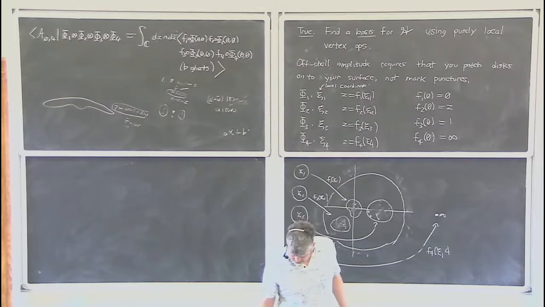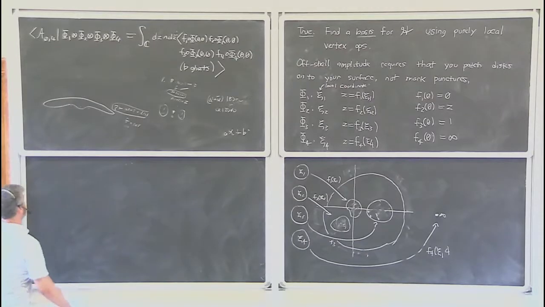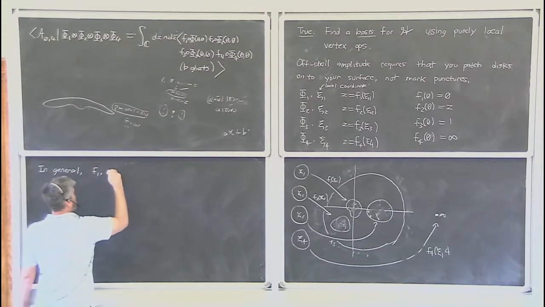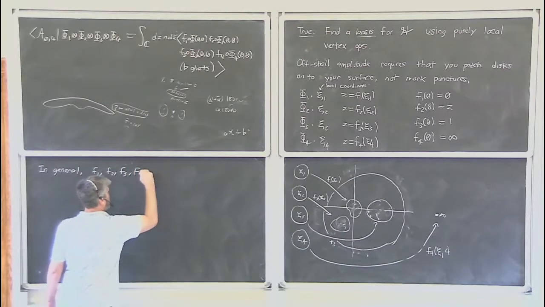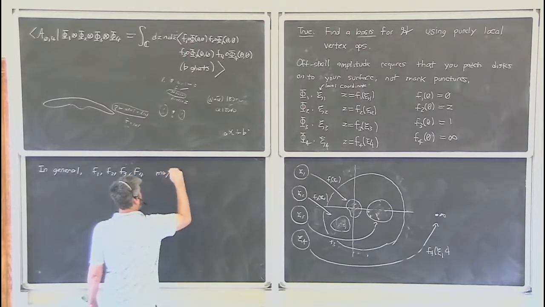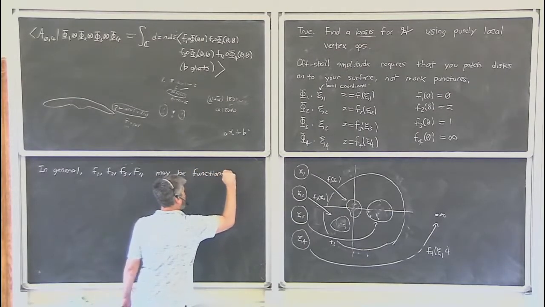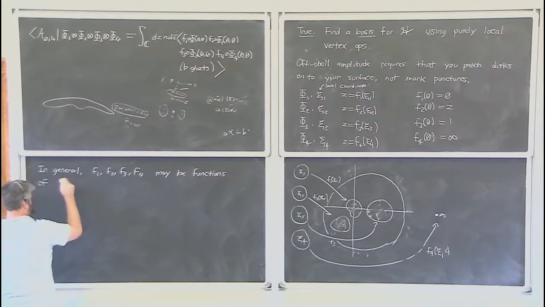Okay, so we impose some conditions on these local coordinate maps. In general, the local coordinate maps F1, F2, F3, and F4 may be functions of the modulus, so maybe functions on the moduli space.